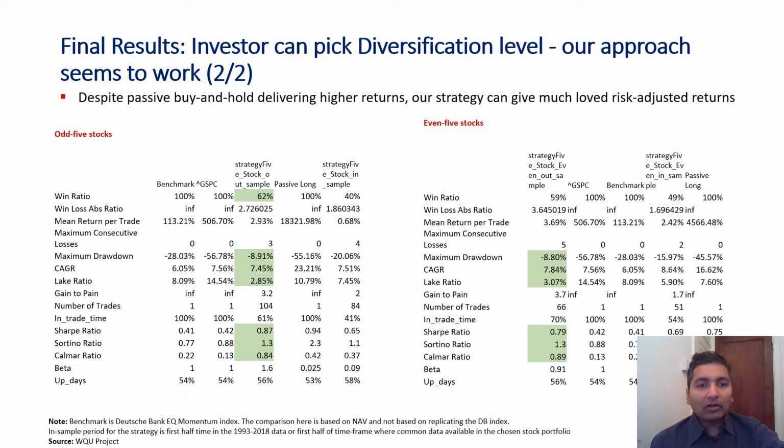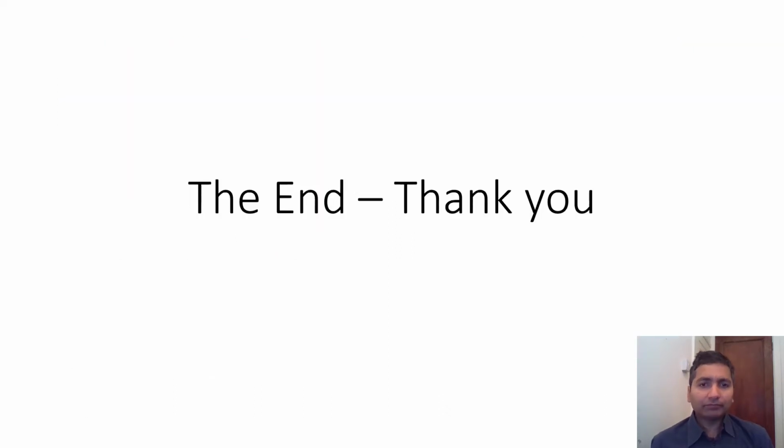The maximum drawdown is fairly contained to 9%. The lake ratio is pretty low because it's not a diversified portfolio. Remember, in the Apple case, we were talking about a lake ratio of 5 to 6%. This is much, much lower. And we maintain a healthy CAGR. We can obviously rack it up a little bit more by reinvesting 100% of profits. But I think this overall end to end is a good strategy.